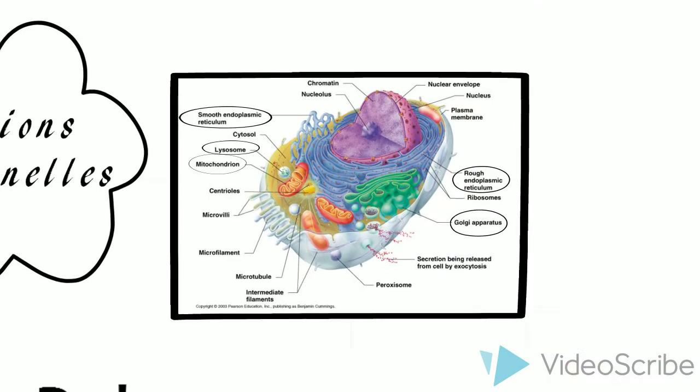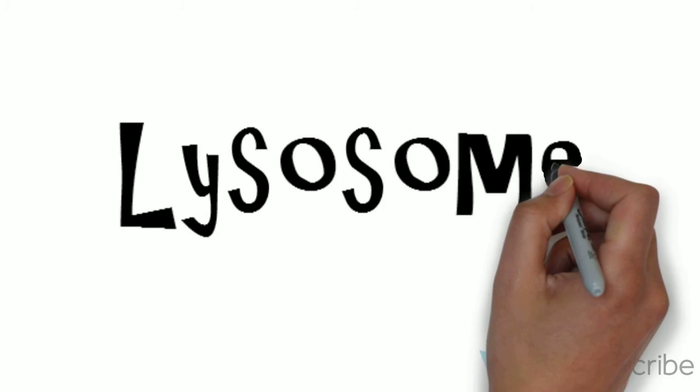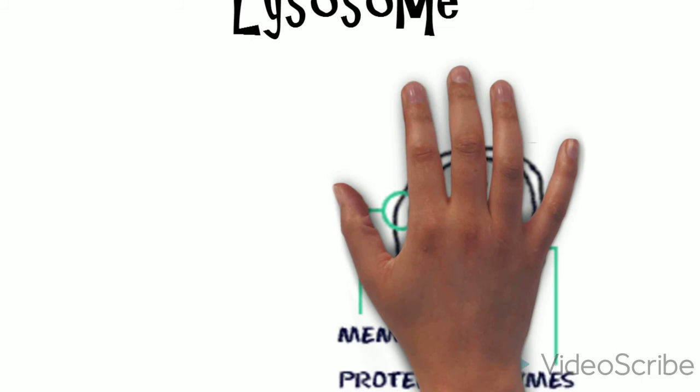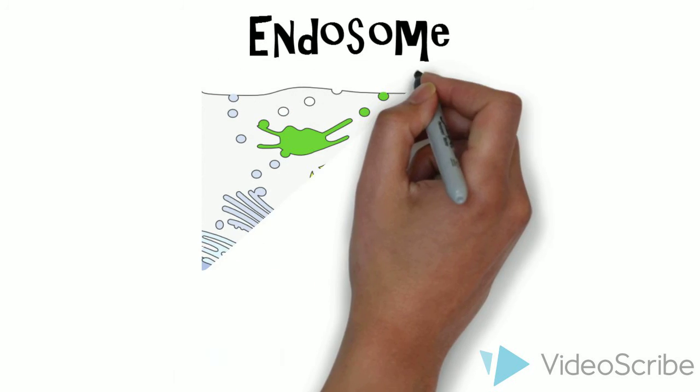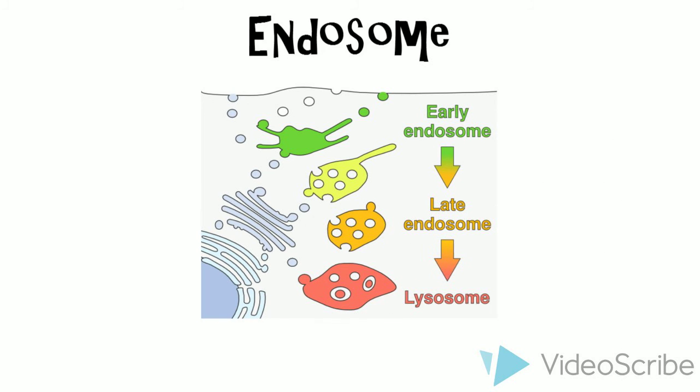Lysosomes are the cell's digestive organelle. They contain enzymes to break down materials from the external environment, such as bacteria. Endosomes are linked to the Golgi complex to aid protein trafficking and also recycle cellular wastes.